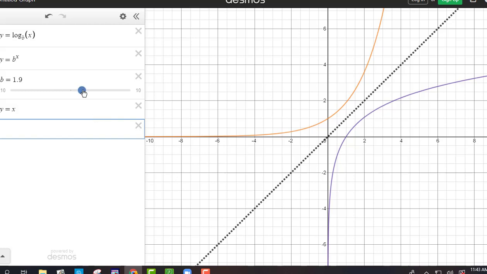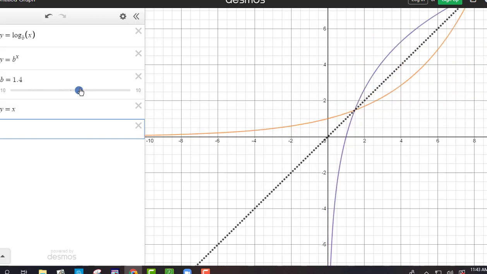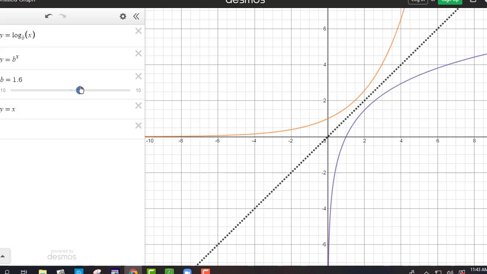So now when I do my slider, are they reflected over that line? Are they the same distance going whichever way from one to the other? Like this point is this far away from that line. If I went the opposite direction, would it be that same distance? Yeah, it would be.